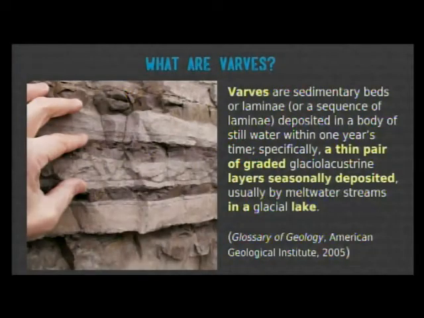Finally, what are varves? Varves are sedimentary beds or laminae deposited in a body of still water, usually a lake. It's a thin pair of graded layers seasonally deposited, or so it's claimed, in a lake.